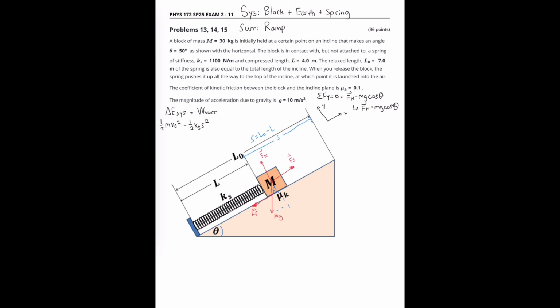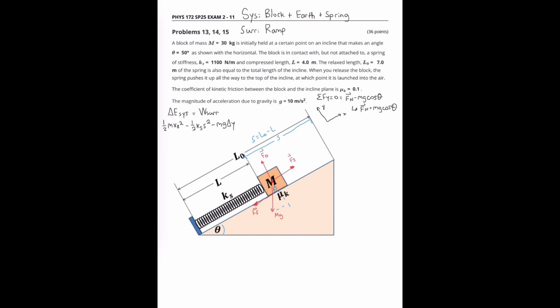We also have potential energy from gravity. So we have minus mg delta y. So you might be asking, what is delta y in this scenario? So at the bottom of our block M, let's call that D1 in our initial state. And in our final state, just before it is launched into the air, at the very top, that is D2.